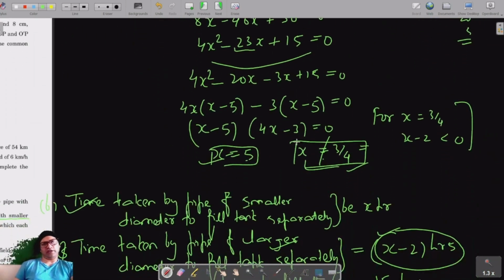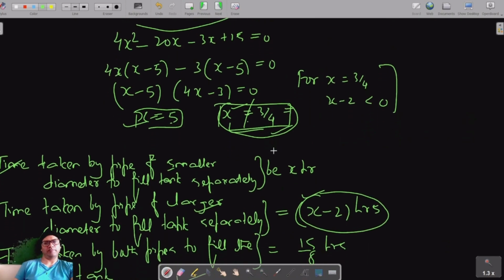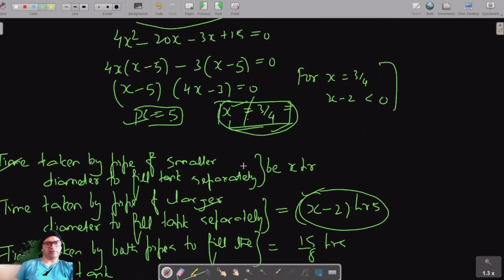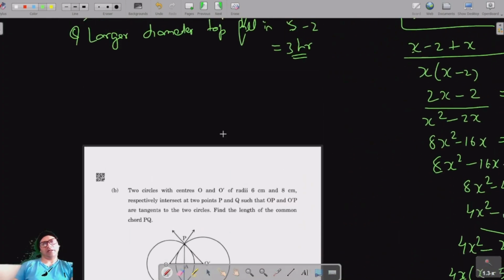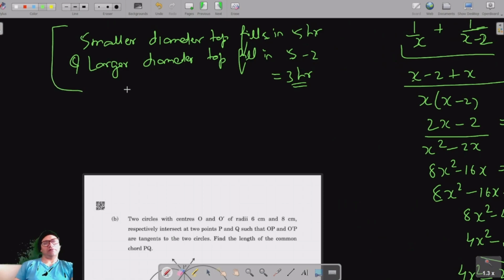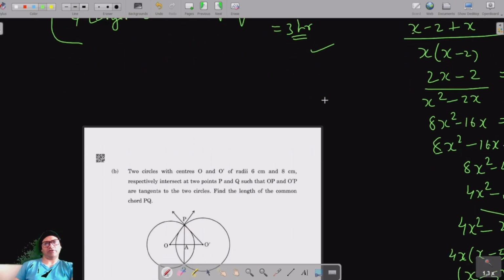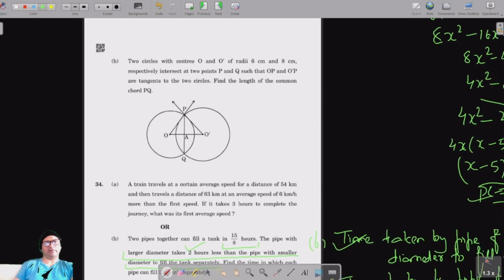And we have not considered x is equal to 3 by 4, because that will give us a value of x minus 2 less than 0, which is not possible. So the value of x is 5, which gives us the smaller diameter tap fills it in 5 hours, and the larger diameter tap fills it in 5 minus 2 is equal to 3 hours.